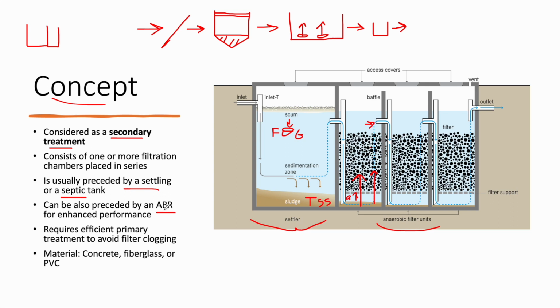As I have already said, it requires an efficient primary treatment to avoid filter clogging. So ideally use an ABR, and you can use simple materials to build this anaerobic filter. You can use reinforced concrete, fiberglass, PVC, or even bricks. This system is actually ideal and is considered a DEWATS.